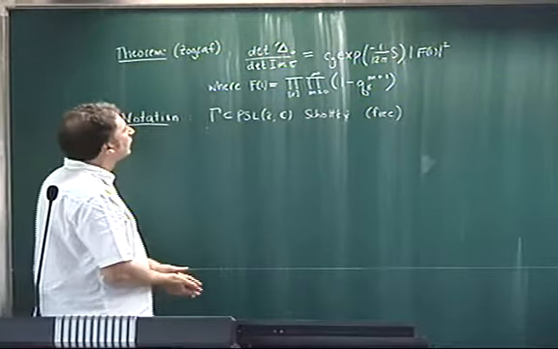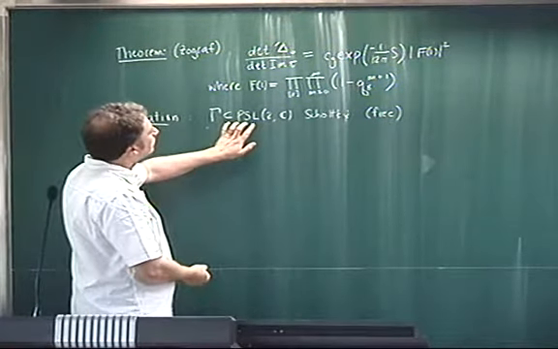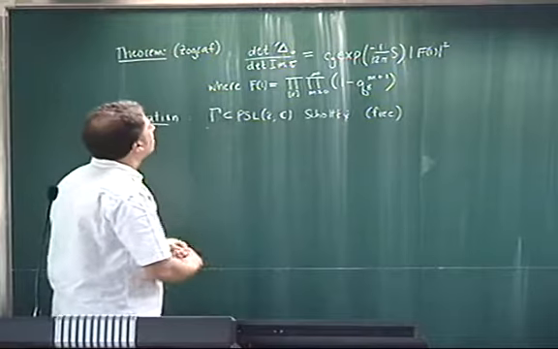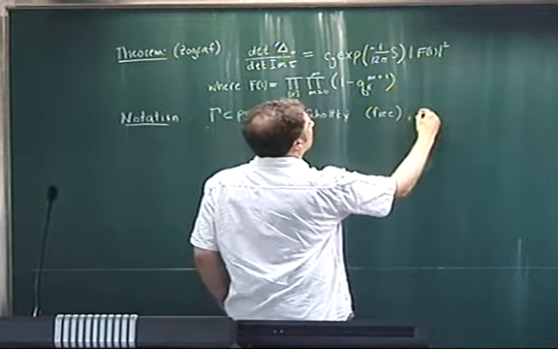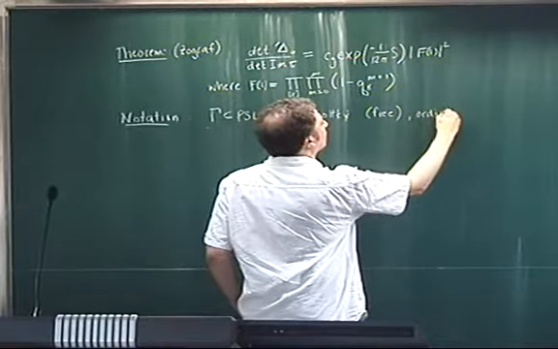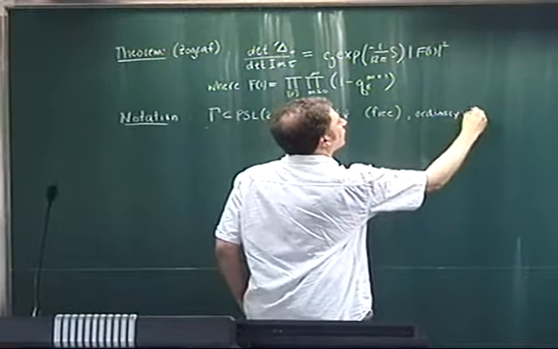So I've got a free subgroup of PSL2C, with ordinary set omega.